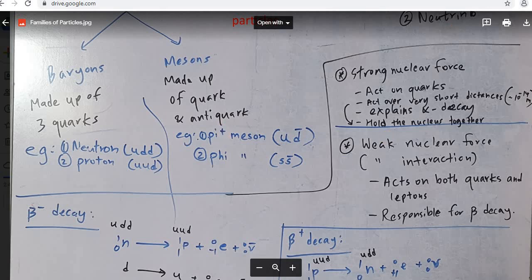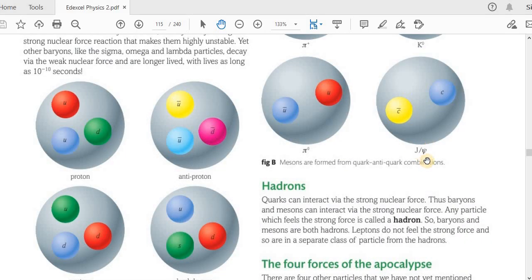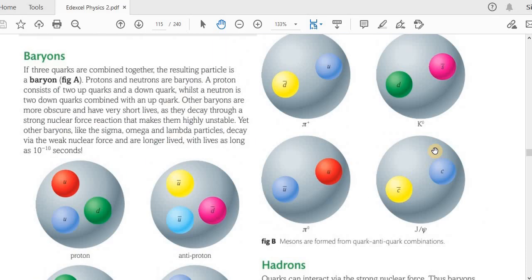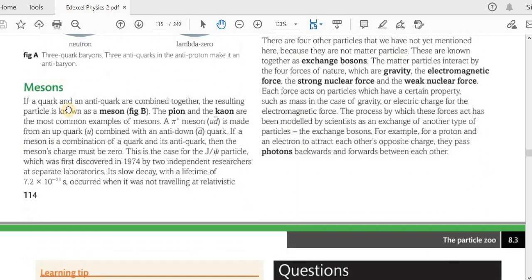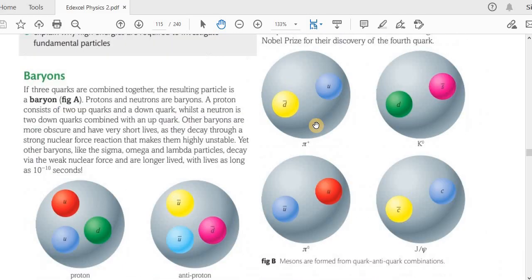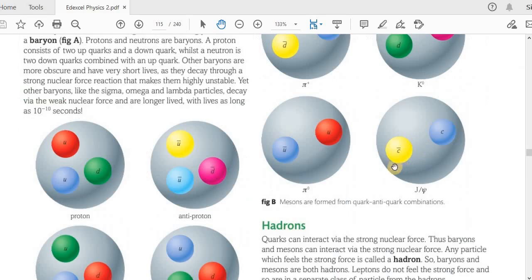Phi is another Greek letter. Okay, anyway, we'll see. If a quark and an antiquark are combined together, the resulting particle is known as a meson. The Pion and the Kaon are the most common examples of mesons. So Kaon, Pion, so you can see.